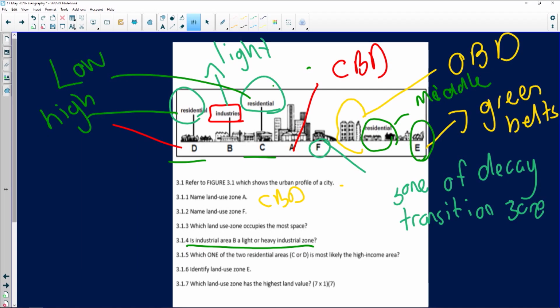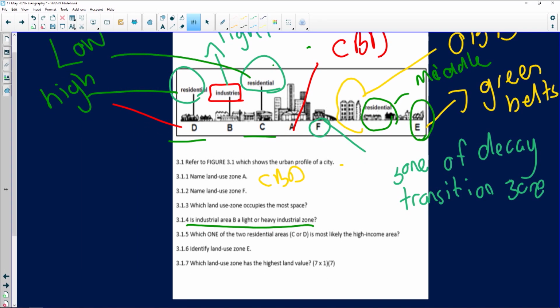And lastly, but not least, which land use zone has the highest land value? We can go back to our urban profile, definitely the CBD, because as you can see, there are high-rising buildings, because the land is most expensive. It's cheaper for them to build taller buildings than expanding outwards.